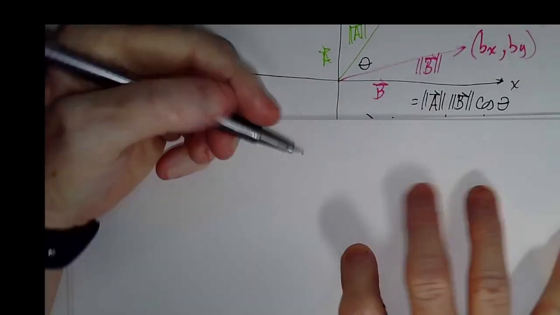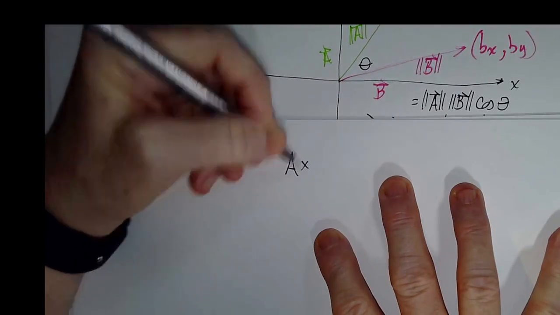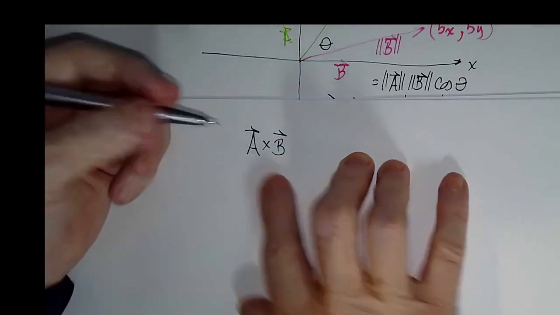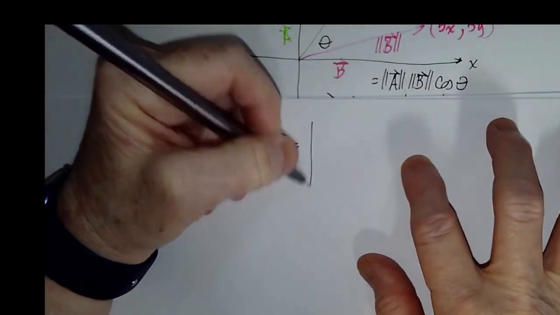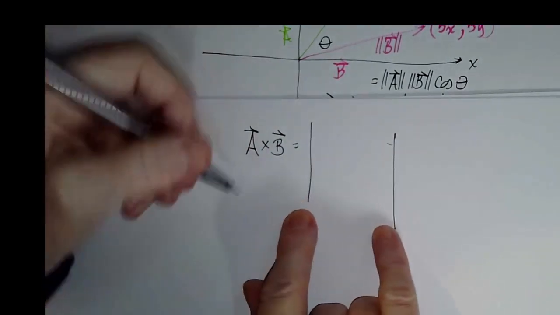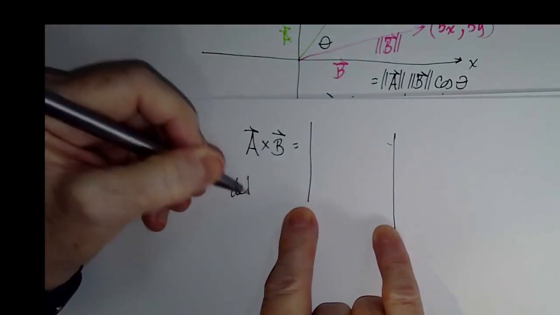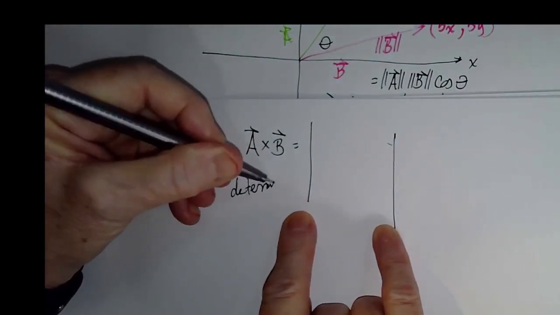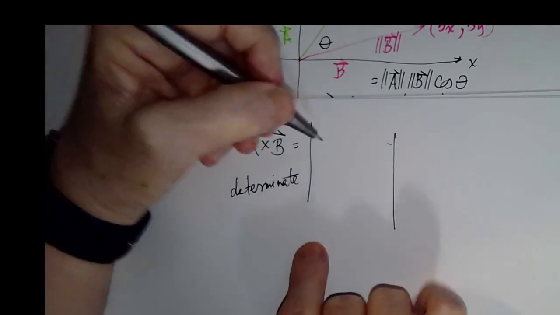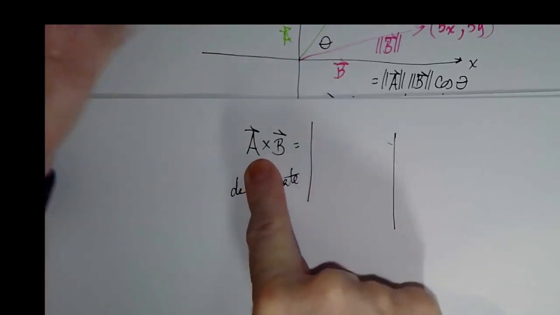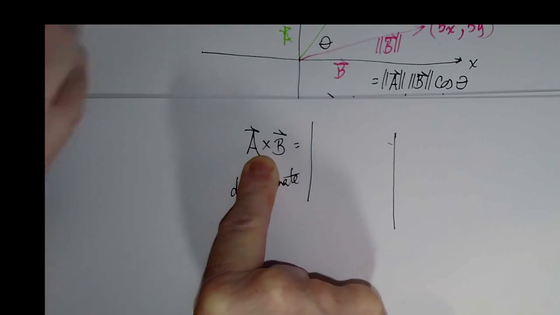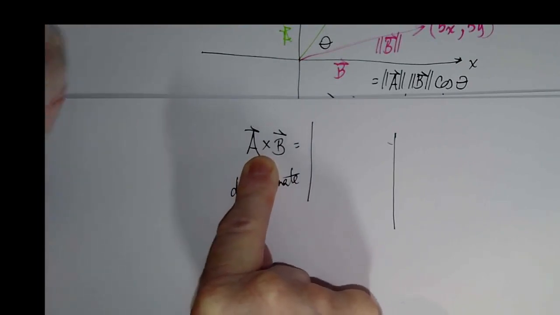I want to write the cross product. So the cross product is defined to be the determinant of, so cross products are always entities in 3 dimensions.